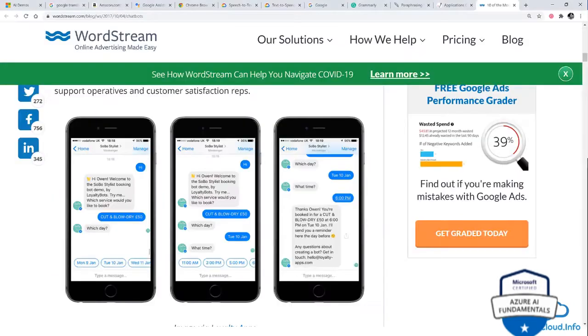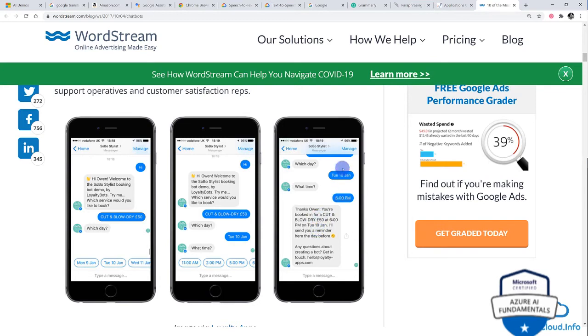Let me show you an example here. So in this example, you see that this is the human. It says hi, and then the chatbot asks which kind of service would you like to book. He mentions the service, and then the chatbot asks for the day and time, and the human provides all this information, the service, which date, which time, and finally the chatbot reserves that service on a particular day and time and mentions the cost it is going to have.